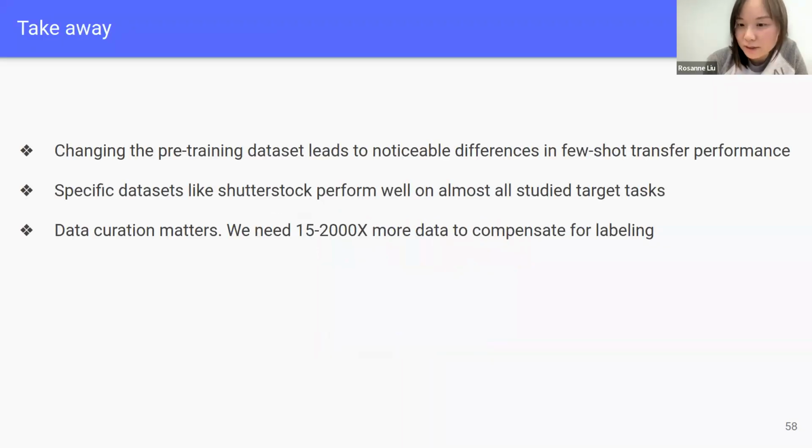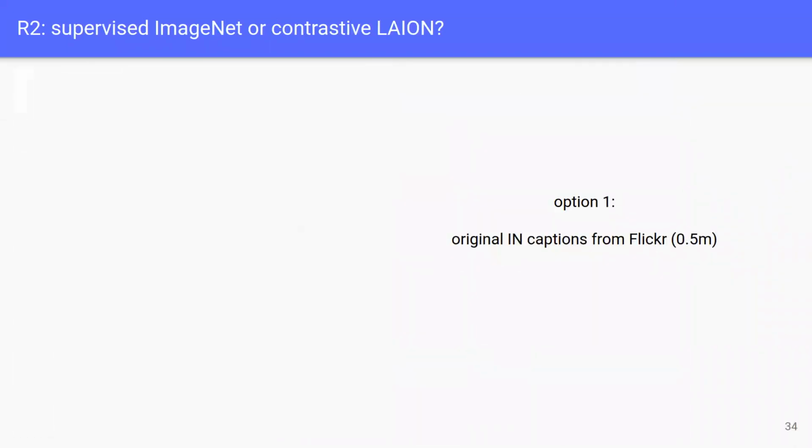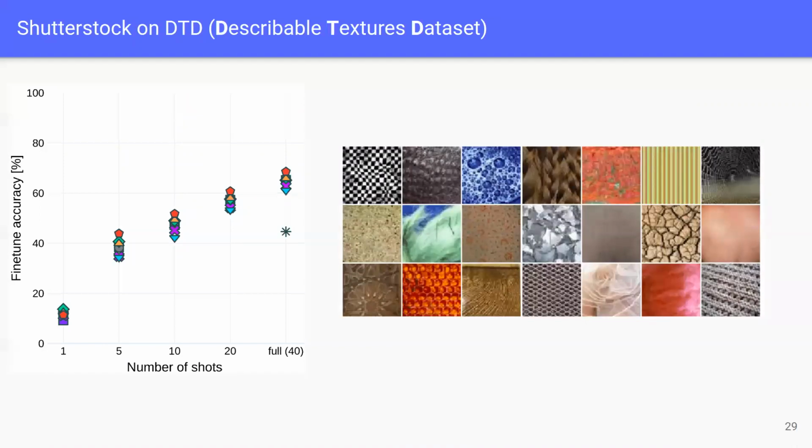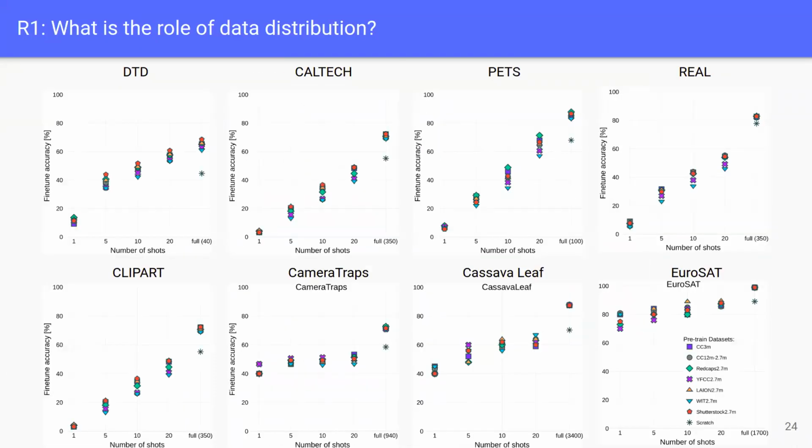Does anyone have a question? Yeah, I have a question. There was a slide where you showed the performance on the cassava leaf dataset, and I saw that for the Wikipedia text, it was underperforming for 5 to 10 shots, and then suddenly on the 20th shot, it took over the other pre-training datasets. Is there a particular reason for that?